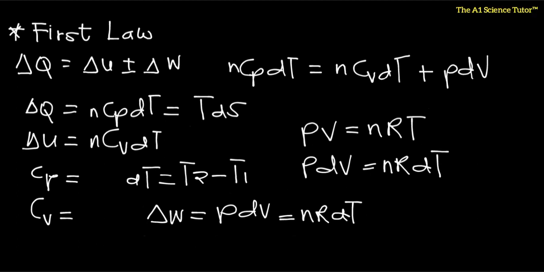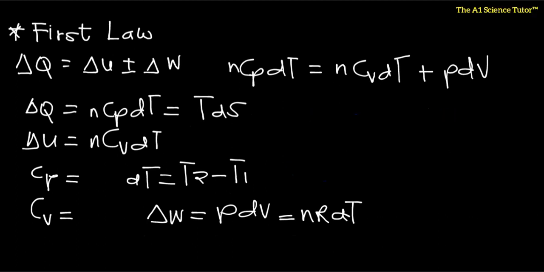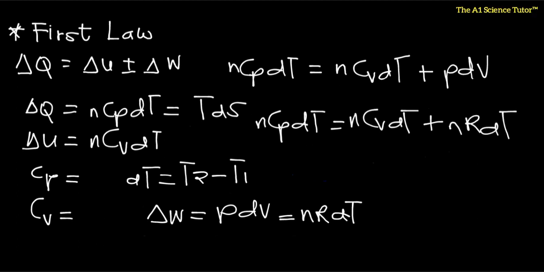Now I could also rewrite it as nCp dT equal to nCv dT, and plus we have nR dT. So this is another way that you could actually write the first law equation under thermodynamics.